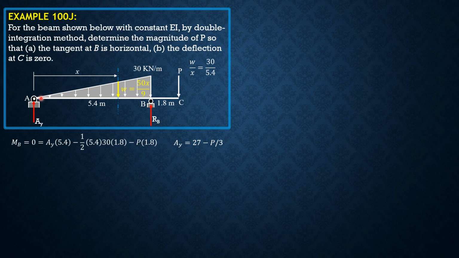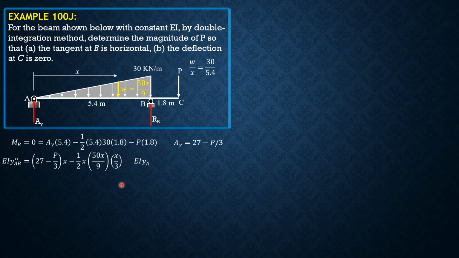So the differential equation for this portion is EI Y double prime AB is equal to quantity 27 minus P over 3 times X minus 1 half of X times 50 over 9 X times X over 3 for the moment arm.